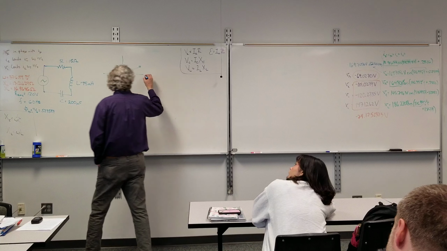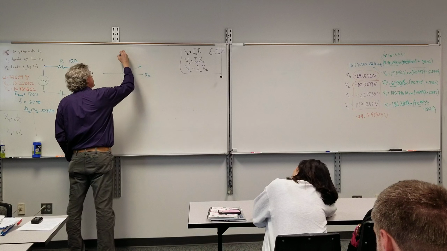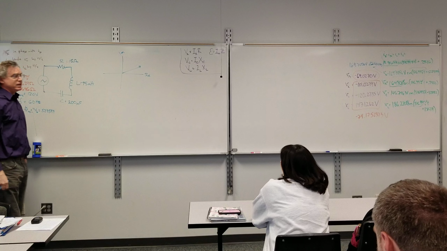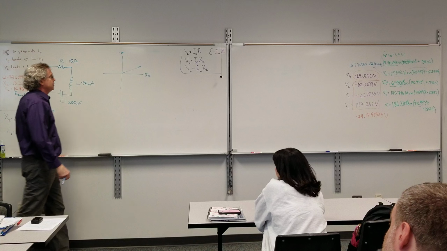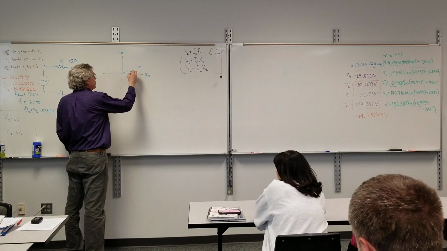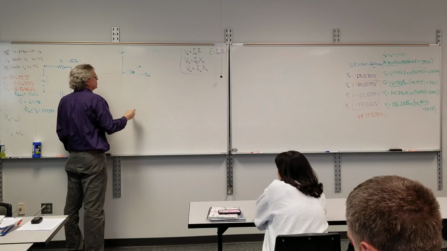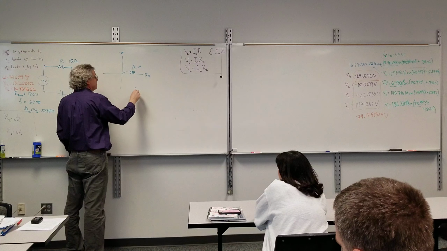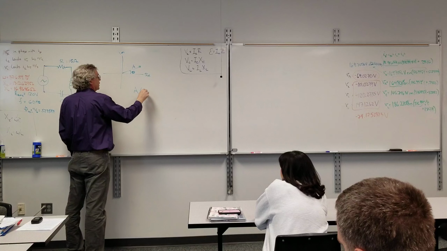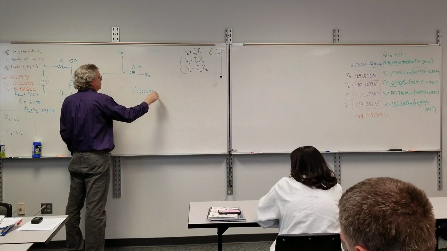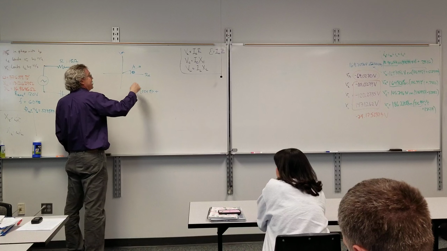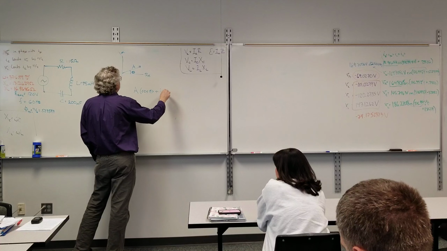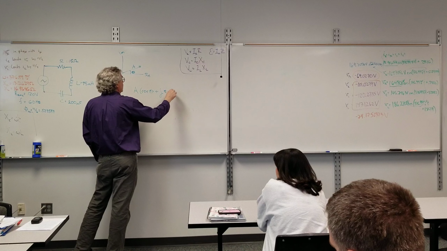If I look at this as a real axis and an imaginary axis, I can express the same phasor. If I have some angle theta, then that phasor with some amplitude A can be represented by A times the cosine of theta plus an imaginary number times the sine of theta.